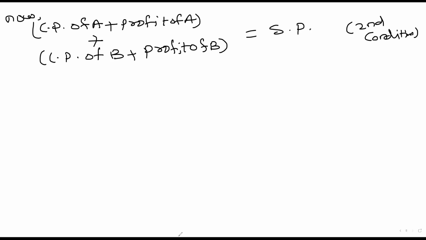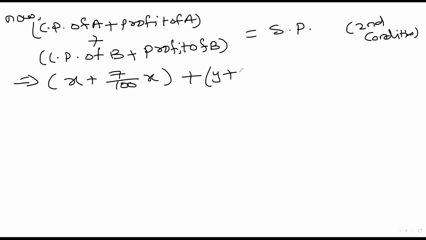Now tell me, what is the concept here? Do you see the swapping? 7% is on A and 5% is on B. So you get X plus 7% of X, so 7 upon 100X, plus Y plus 5 upon 100Y is equal to, now here the selling price is going to be 1165.